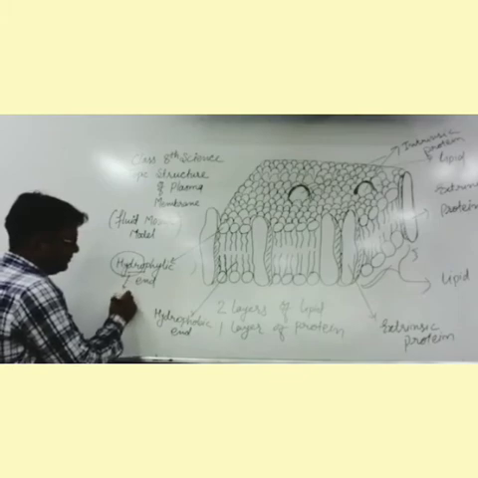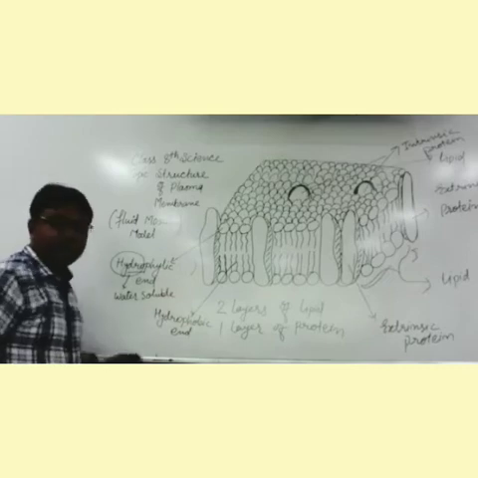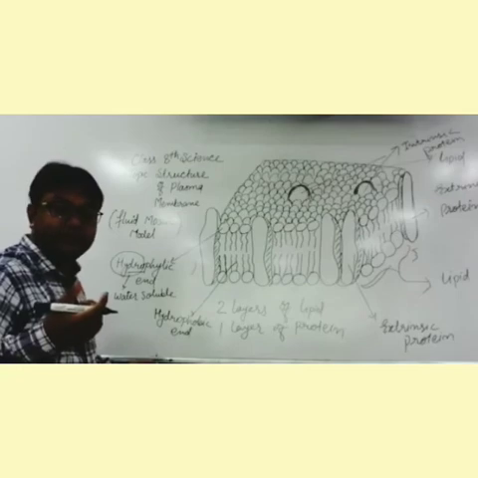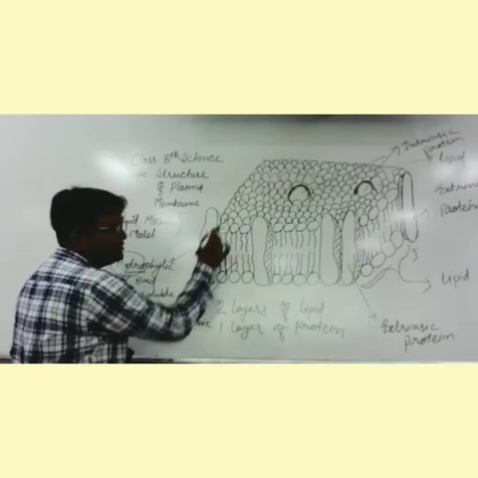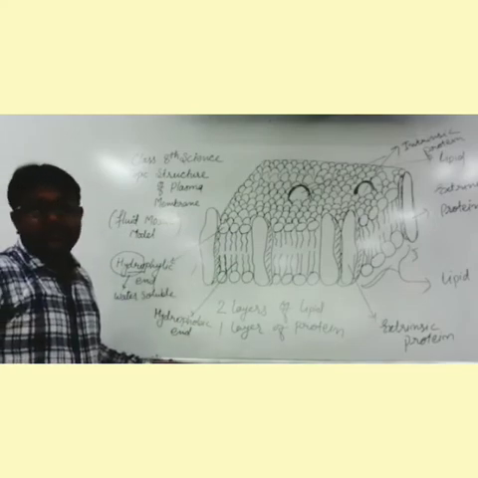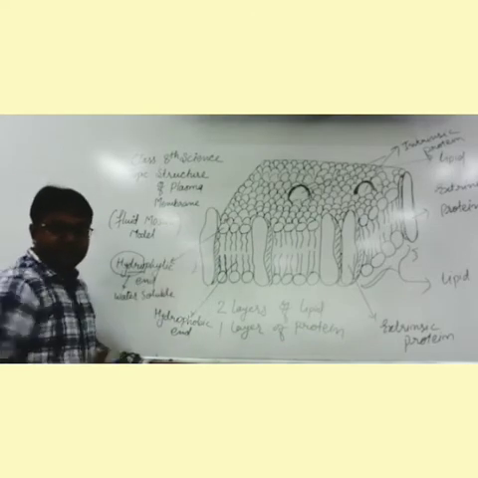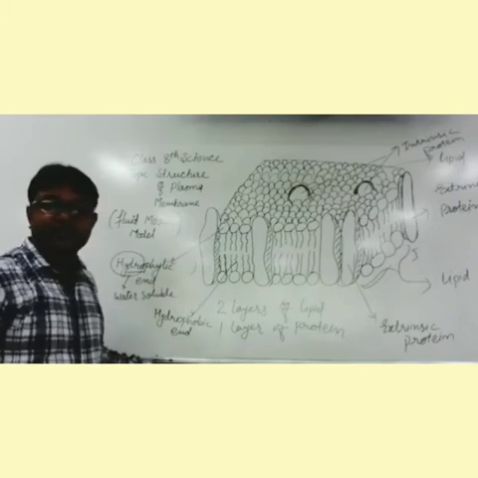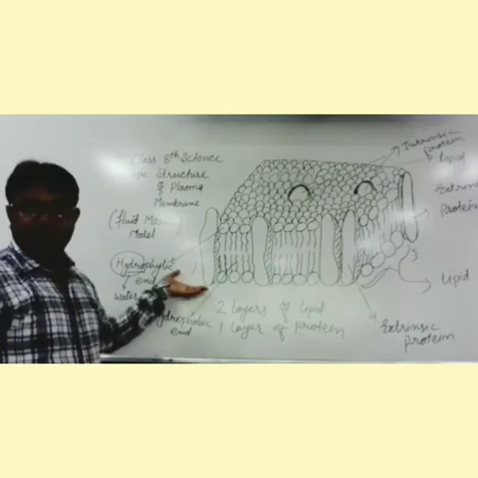So water soluble things, which are dissolved in water, can enter through the plasma membrane through this part. This allows water soluble substances to enter the cell. The plasma membrane surrounds the cell and creates a barrier; which particles enter the cell and which should not is controlled by the plasma membrane.